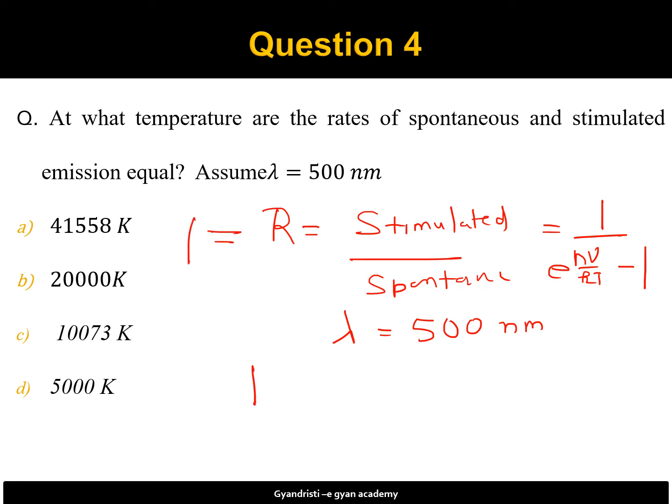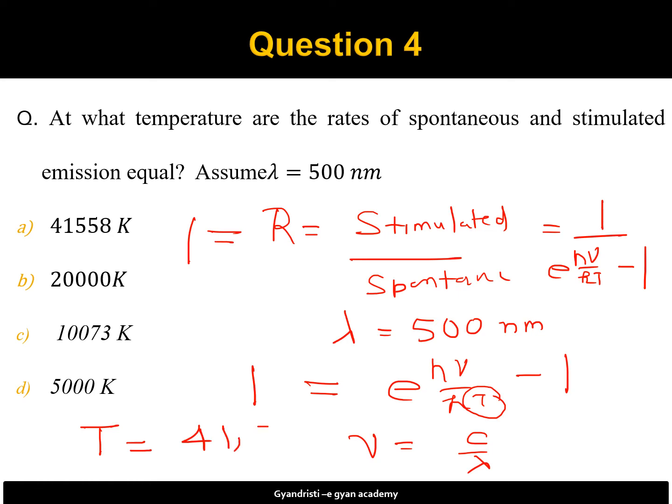So we have the relation 1 equals 1 upon e to power h nu by kT minus 1. Since lambda is given, we can calculate nu from nu equal to c by lambda. So after substituting it, we can find the value of T here. The calculated value of T comes equal to 41,558 Kelvin. So the correct option is option number A.